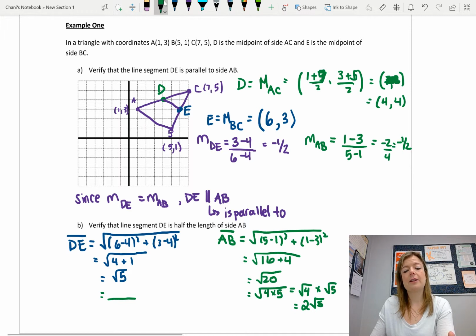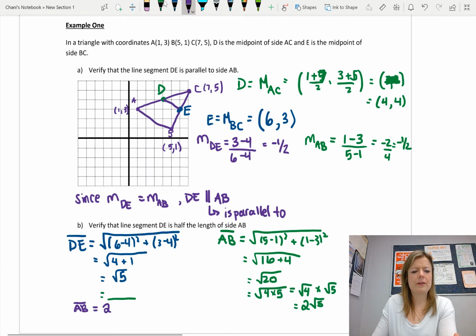So now take a look at this. This is 2 root 5, and this is just root 5. That is very clear to the reader that AB is double the length of DE. Okay, so now we can say that the length of AB is equal to 2 times the length of DE. We should say "since" in front of that.